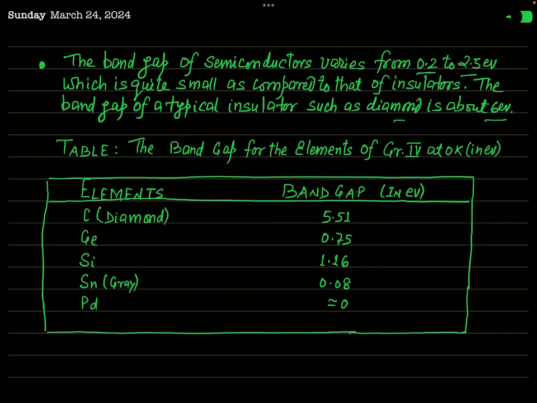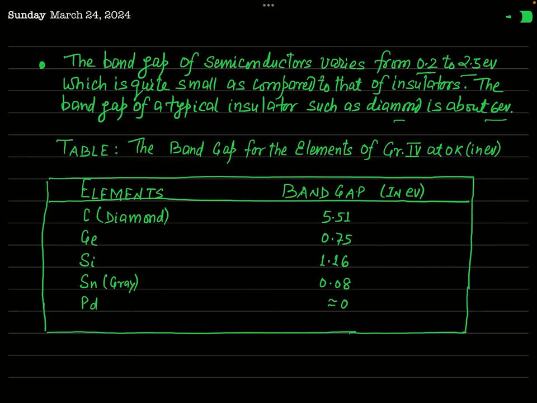So the band gap of a semiconductor is smaller than the band gap of an insulator, and this smaller band gap actually gives the specific property to this material.